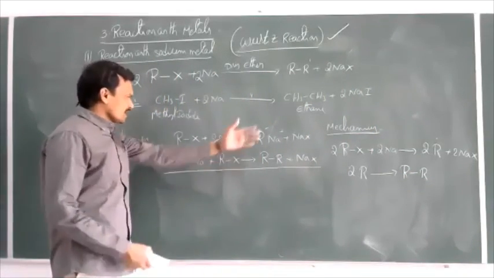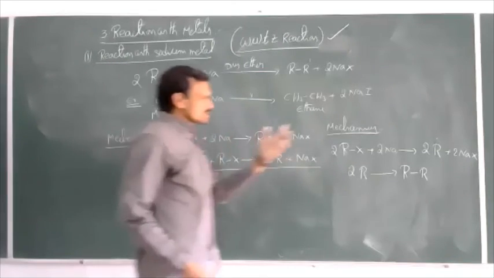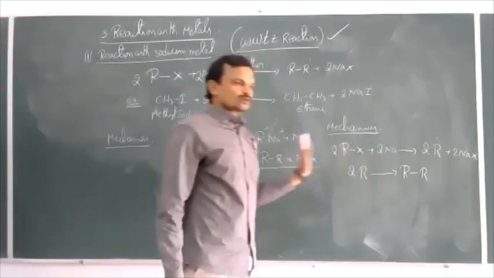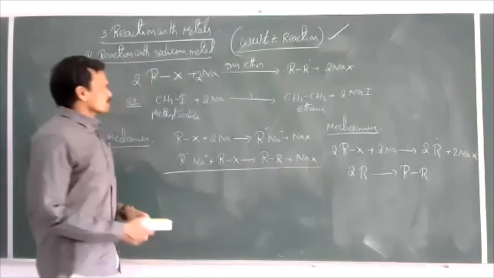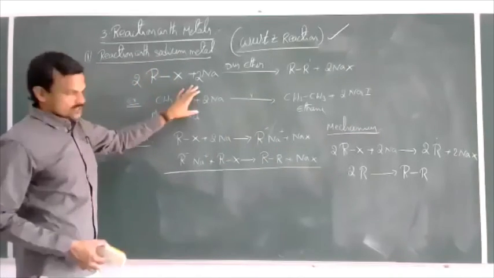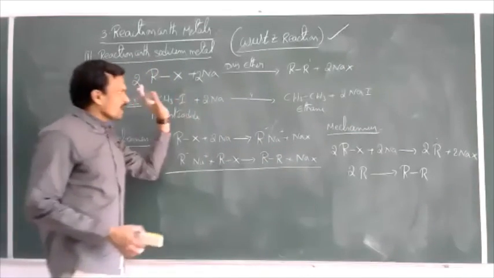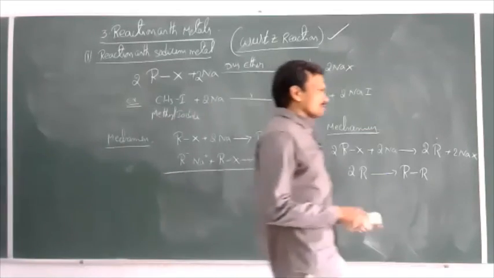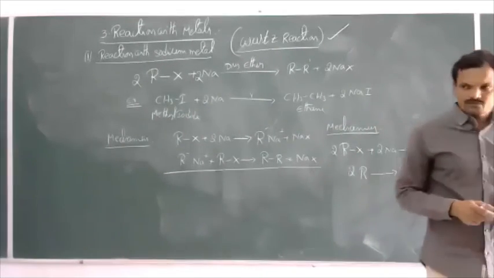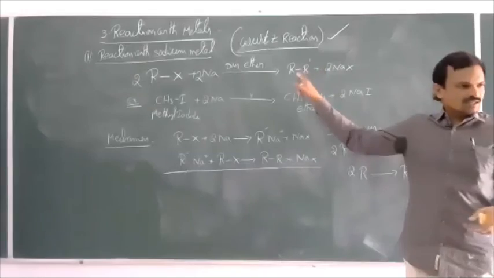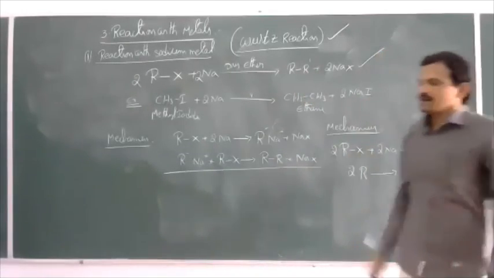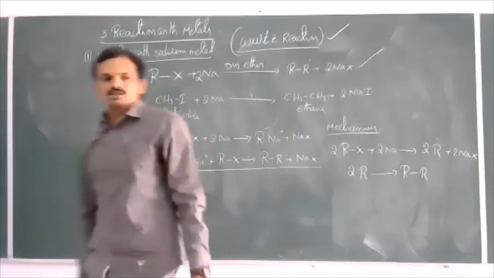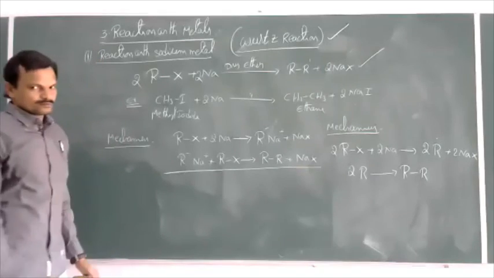So this is an ionic mechanism. This is a free radical mechanism. So 2 different types of mechanisms are proposed to explain this Wurtz reaction. Overall, haloalkanes react with sodium metal in the presence of dry ether to give higher alkanes. This reaction is known as the Wurtz reaction.